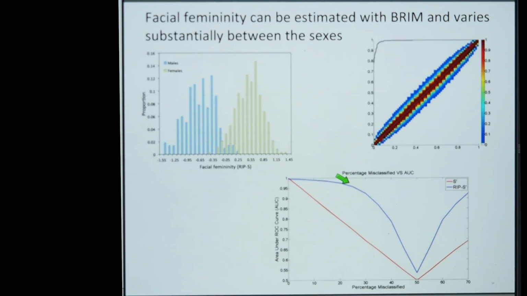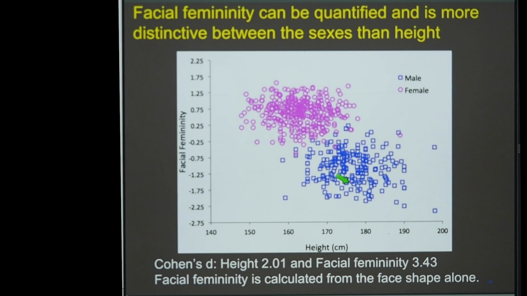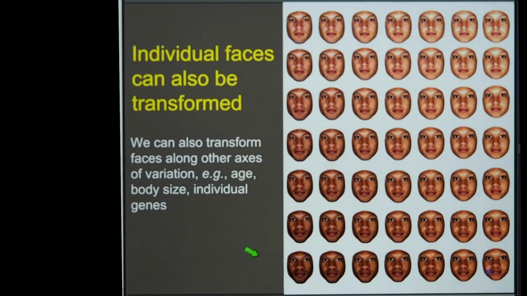So it's very powerful at reclaiming the patterns. I'm going to skip this. This just says that facial femininity has a much bigger sex difference than height, another trait that we know is very sexually dimorphic. Then we can transform faces and do this also with the texture map properly assembled.